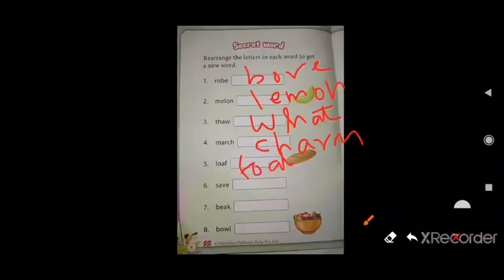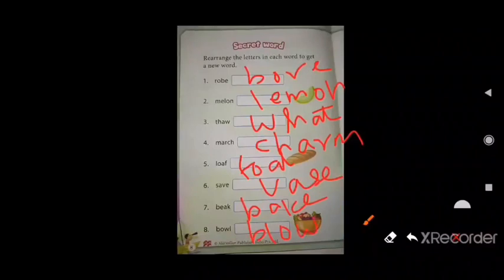Sixth one, was. Seventh one, bake. Eighth one, blow.